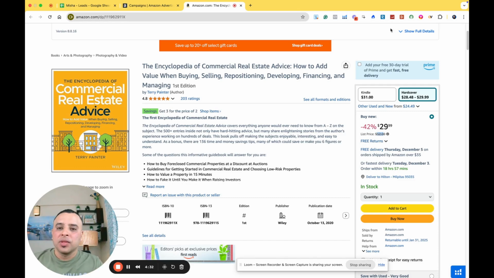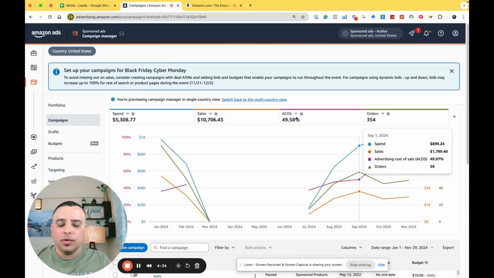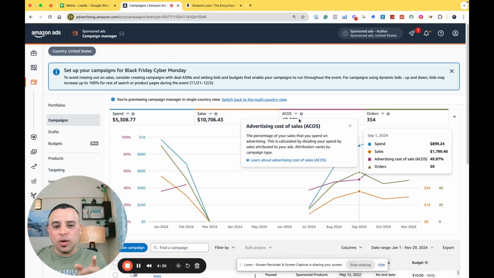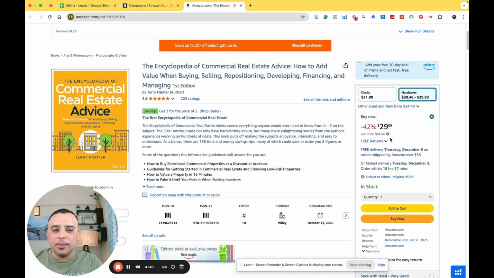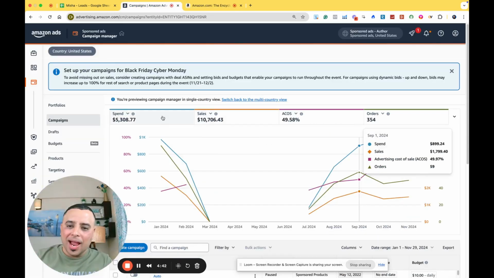It'll be 52. Now, to get to the real ACOS, what we need to do is multiply orders by the MRP, which is 52, then divide spend by sales and multiply by 100 to get the real ACOS. In this case, it will probably be in the 20s, and the ACOS picture changes in a split second.